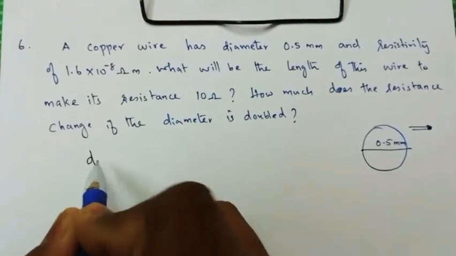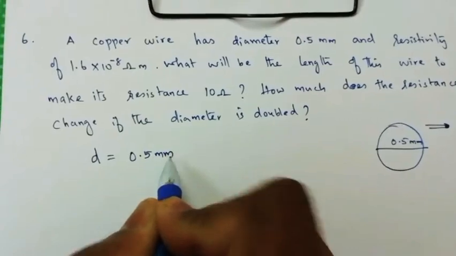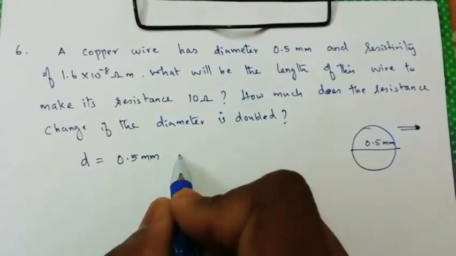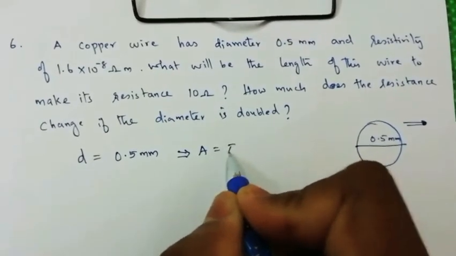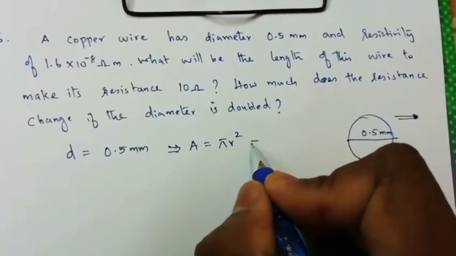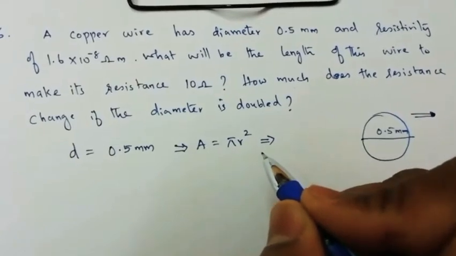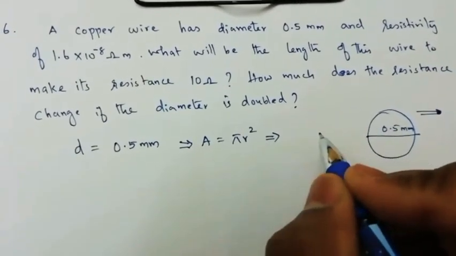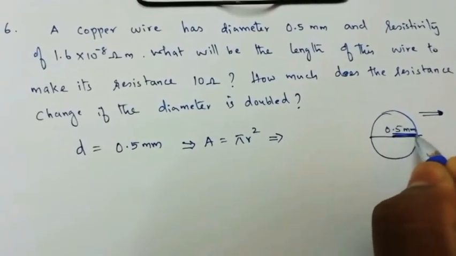First, they have given the diameter of the wire is 0.5 millimeter. If it is a diameter, then we can try to write its area. Area is equal to, you know the formula of area, it's pi r square. But in this formula we make one small modification. The radius is only this much, right?